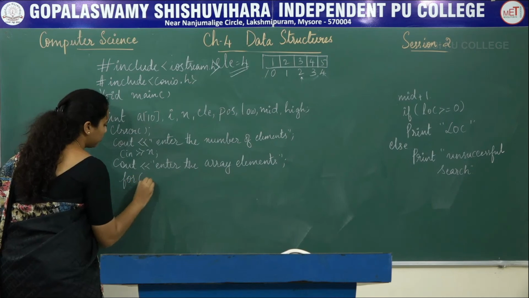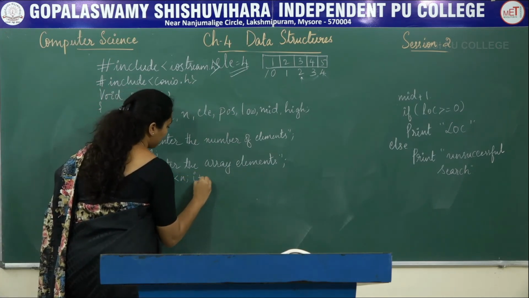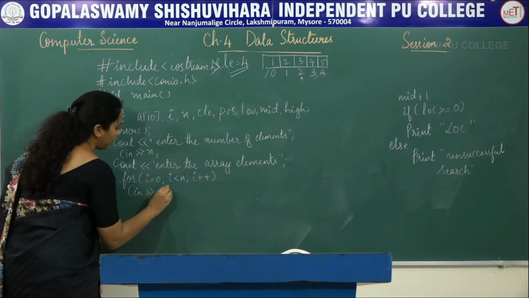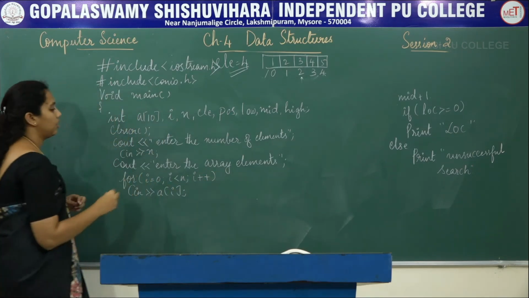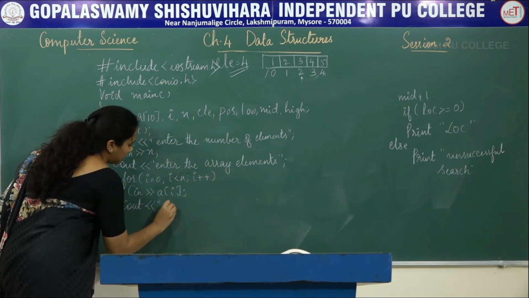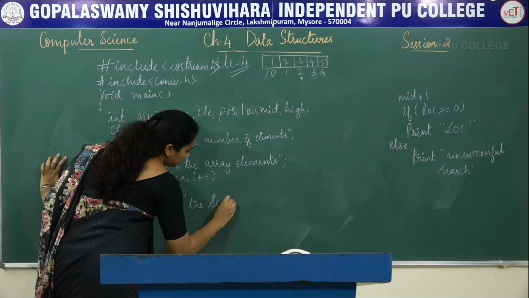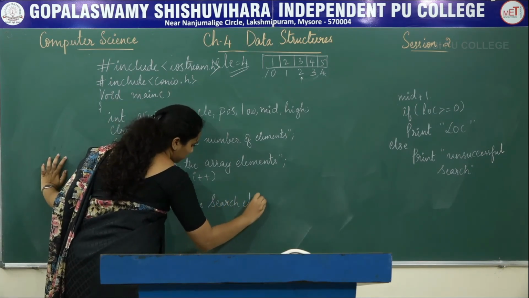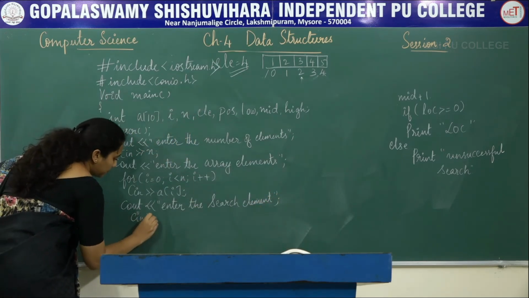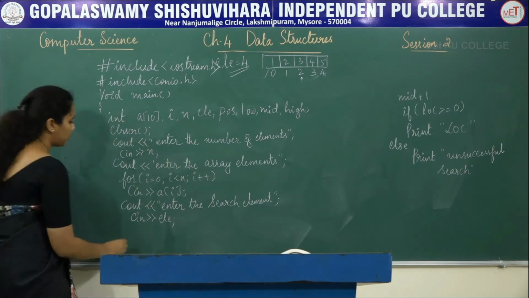Using for loop, we are going to accept the elements from the user. Cin a of i. Next, cout enter the search element. Cin element.